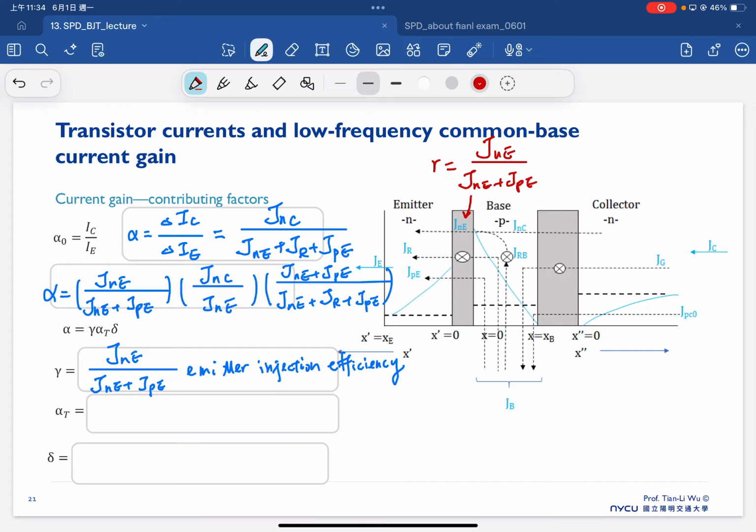So the ratio between this and this plus this. That's why we make it the first term, because we want to decouple the part related to the emitter. So we call this the emitter injection efficiency.